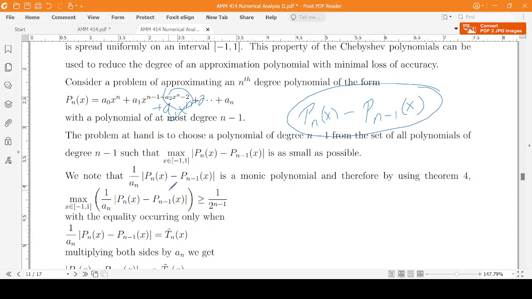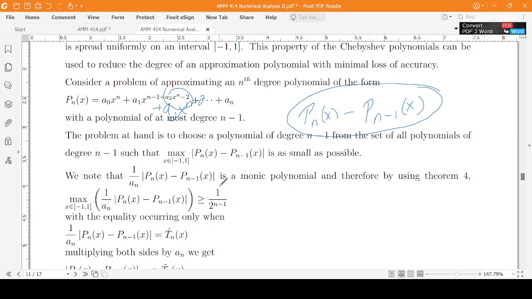and therefore, by using theorem 4, the maximum of this polynomial in the interval minus 1 to 1 must be greater than or equal to 1 over 2 raised to power n minus 1.